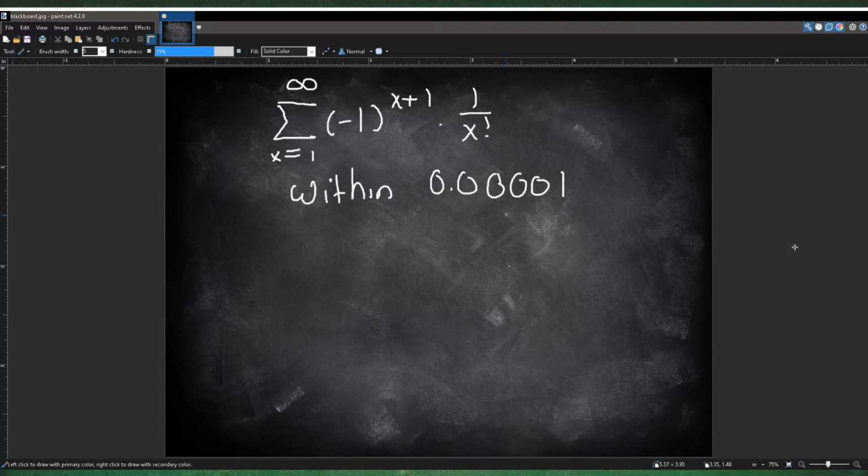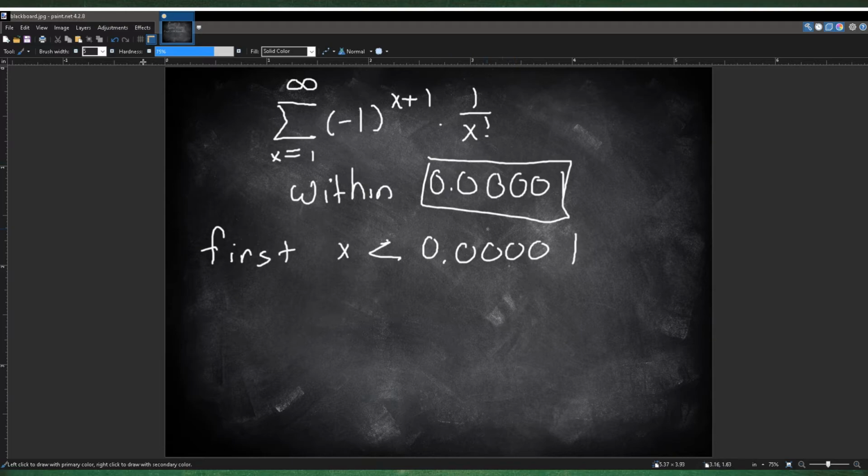So it gets a really close approximation to the actual answer. So what we have to do is check for the first x value for which the term is less than 0.00001.